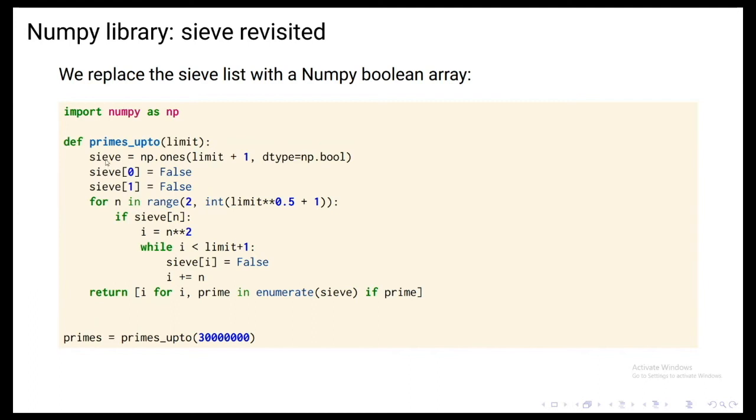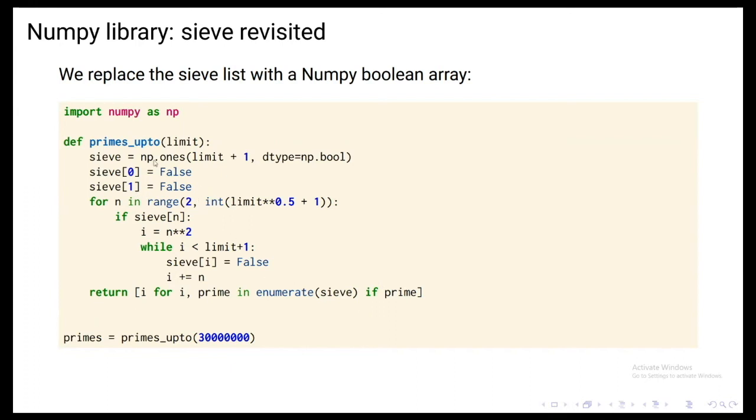We create initially a single array of size limit + 1, all set to 1, so all true. But here we define a data type for this array, a NumPy Boolean type, and then we cross out 0 and 1. Here is exactly the same loop in which we do all the crossing out, and then we return the result.